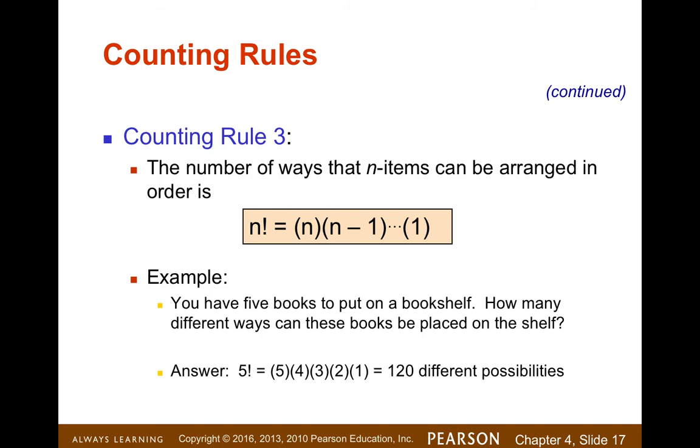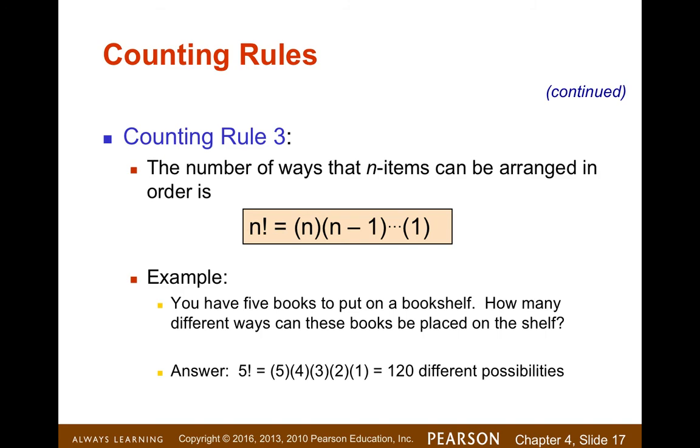So at the bottom you can see the example: you have 5 books to put on a bookshelf. How many different ways can these books be placed on the shelf? Well, if you think about the first place, there are 5 ways that you could put books into that one place. You could choose the first book, the second book, the third book, the fourth book, or the fifth book.